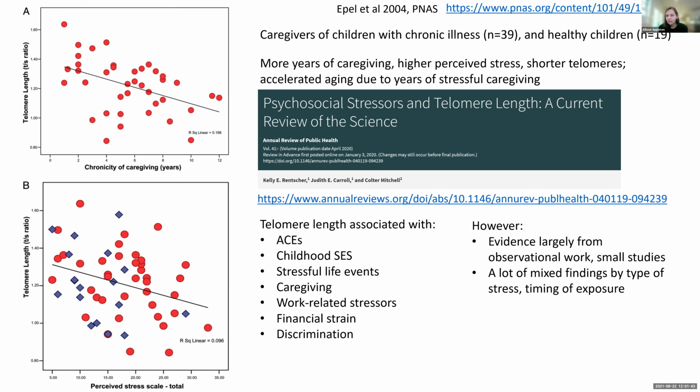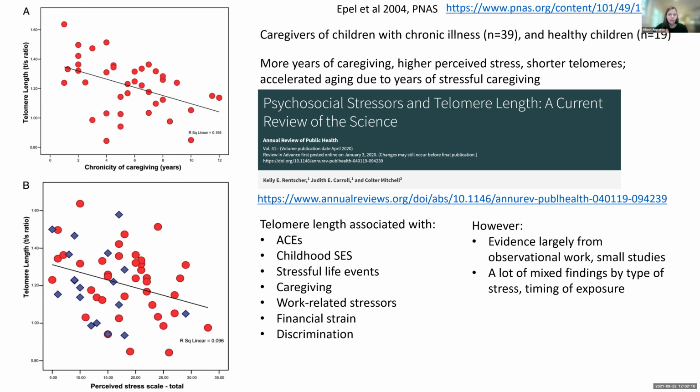And of course, mixed findings in any discipline that has a lot of work, and there seem to be mixed findings according to type of stress and timing of exposure. I haven't really discussed when in the life course it matters to measure stress. That's a whole topic in and of itself, but certainly the timing of exposure is relevant for when this impact of stress can affect our biology.